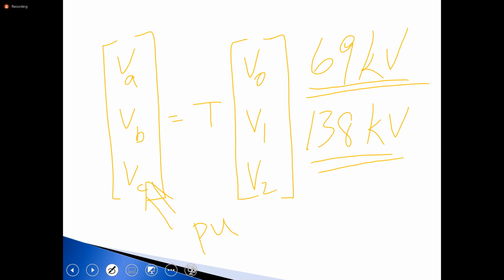So you simply multiply 69 kV by the VA, VB, and VC that you get, and those will give you the phase voltages during the fault. Is everyone clear on that? If you choose 138, you need to state that you're using 138 and find the corresponding actual voltage, because the answer you would have gotten is in per unit.